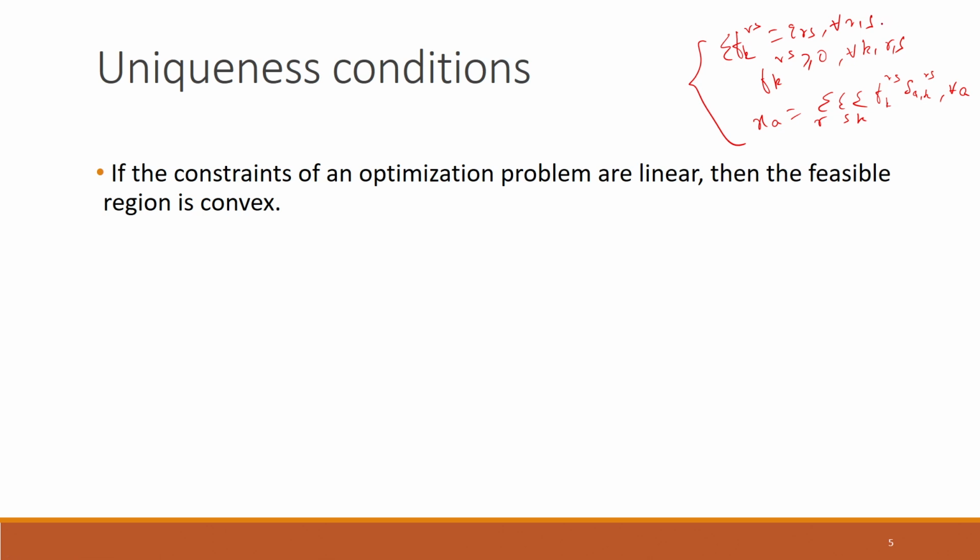This one you can see directly is linear, this is also linear, and this is also linear because delta AKRS is given, because it can be obtained from the network structure.